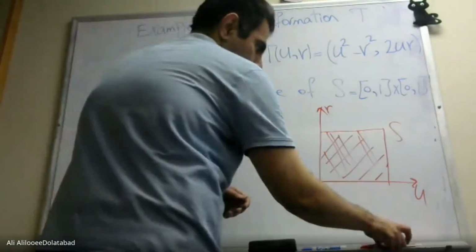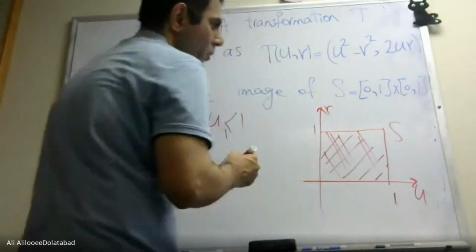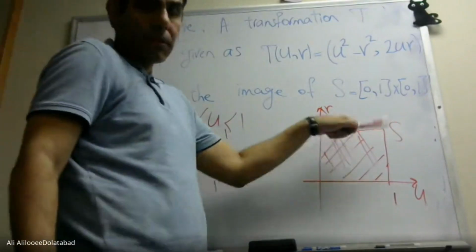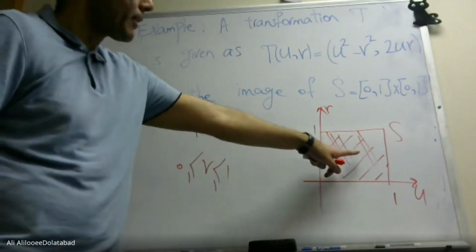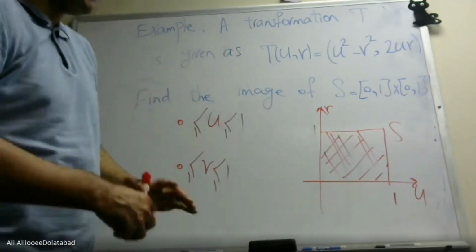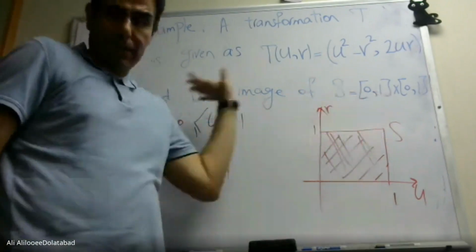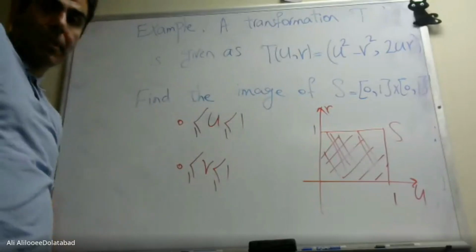Then see, okay, this is 0, 1, 0, 1. Then this is S. Geometrically speaking, you have a square, and your goal is to find the transformed region for S by using T.